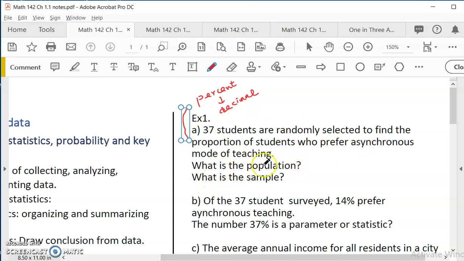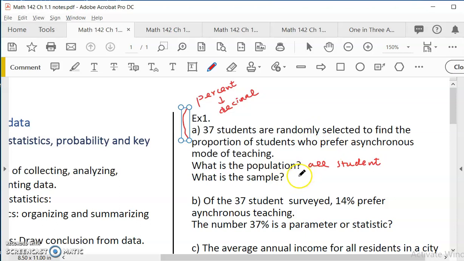So in this case, what is the population? They just say 37 students are randomly selected. So it must be from a bigger population. So you would say all students, right? You did not interview all of them. You randomly select some. What is the sample?